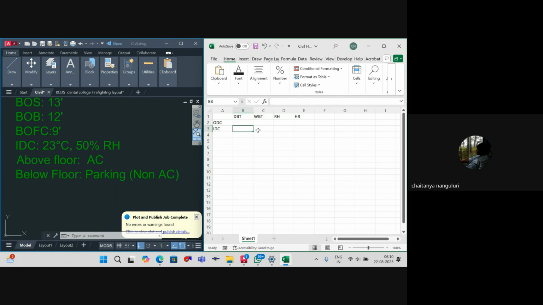Understood? This is the formula that we'll be using. Now I have the C value, I have to convert into F. So F is equal to 9 by 5 C plus 32.